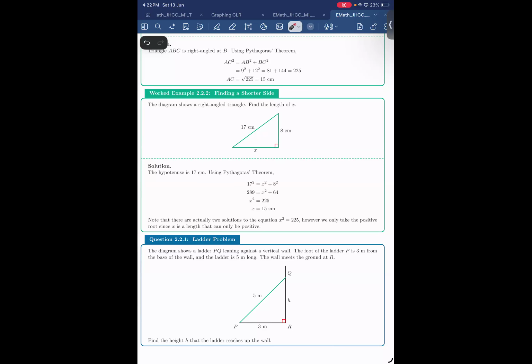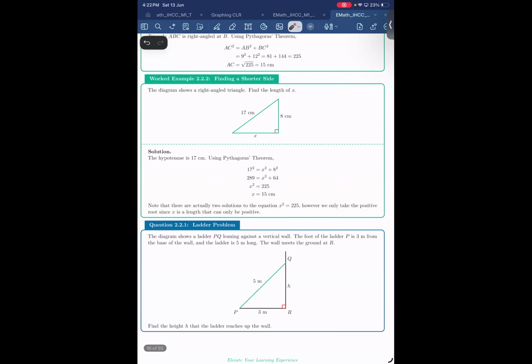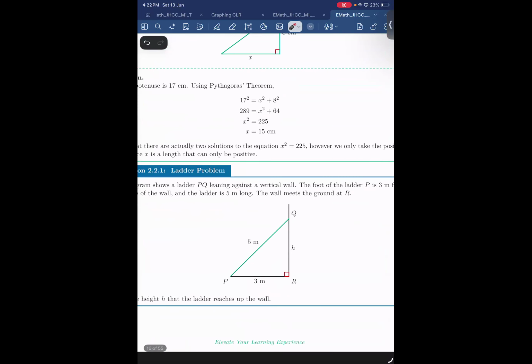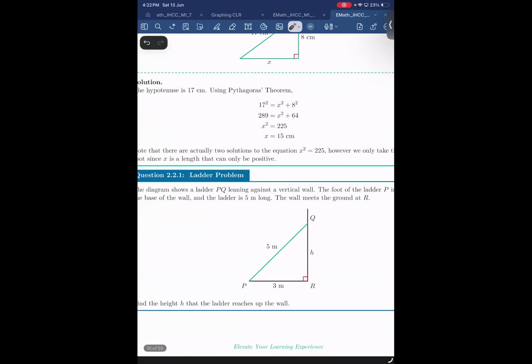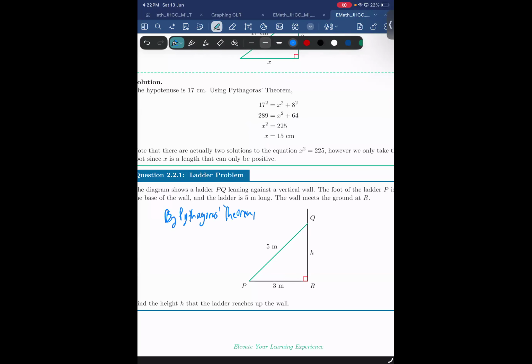When you look at this, you can easily apply Pythagoras theorem. It's a right angle triangle, right? Then you have two sides, the hypotenuse and the edge. So by Pythagoras theorem, you have 3 squared plus h squared equals 5 squared.